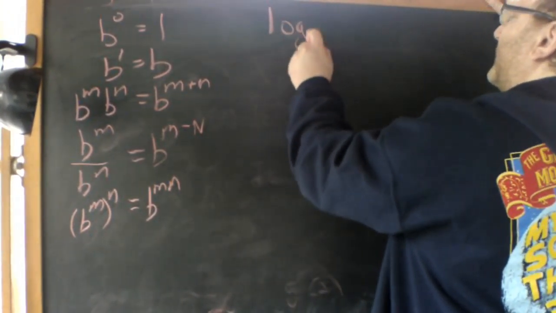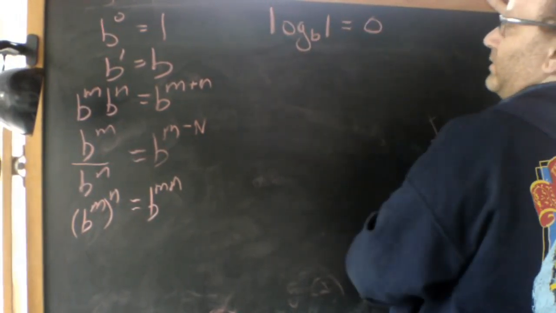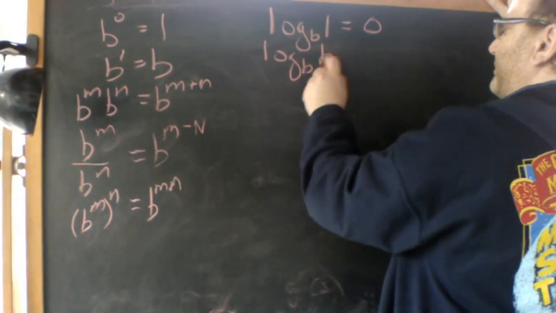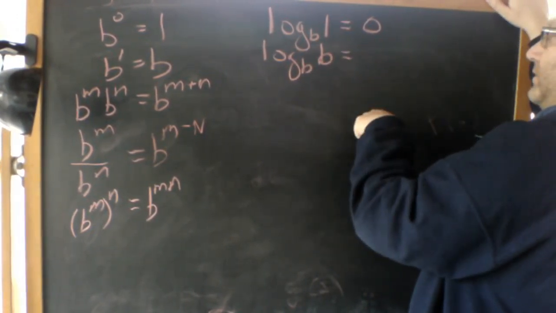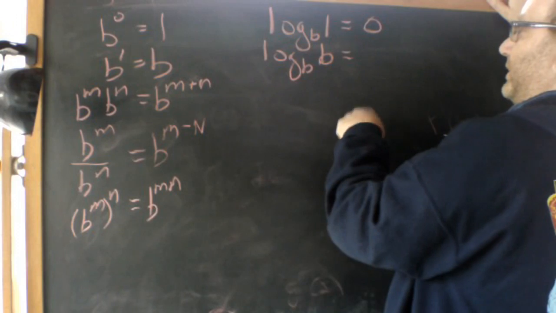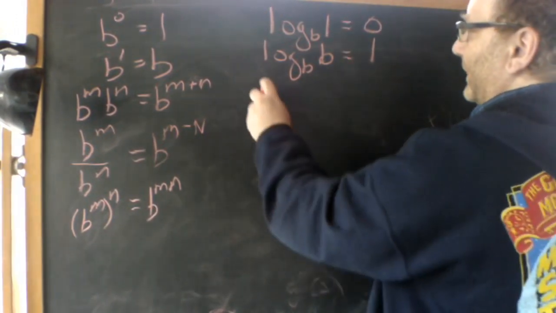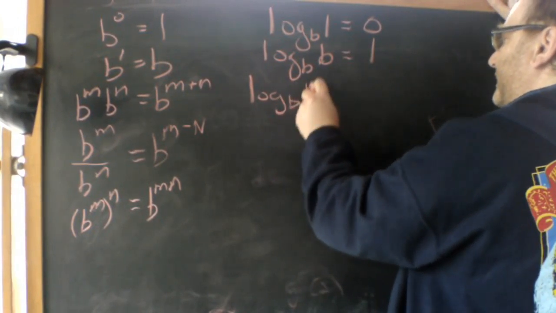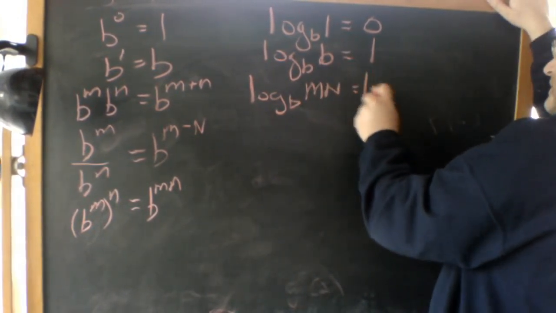So log of 1 in any base is equal to 0. Log base b of b is equal to 1. Log base b of m times n is log base b.